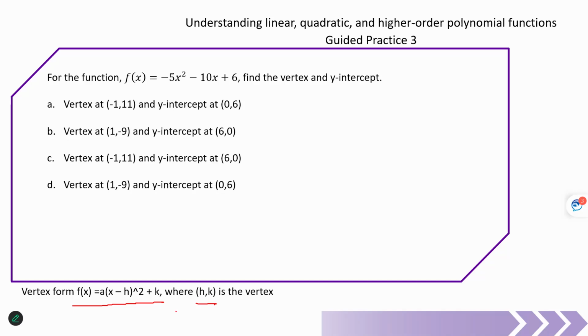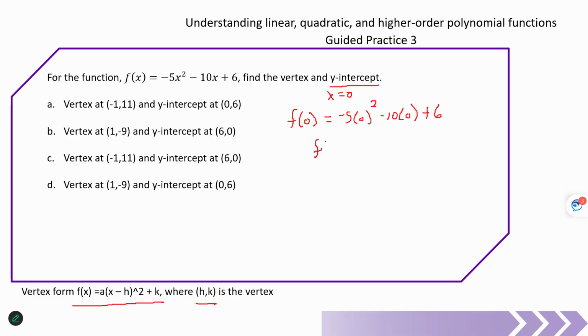Well, y-intercept, you should be able to find y-intercept. So the y-intercept is when x is 0. So we should be able to plug in x equals 0 to find the y-intercept and go from there. So if we have f of 0 equals -5 times 0 squared minus 10 times 0 plus 6.